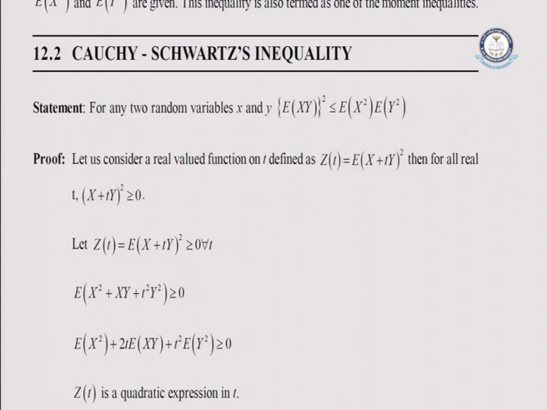In this statement we proved it through the quadratic expression expansion, and after solving it we get the Cauchy square inequality. So this is the Cauchy square inequality statement. According to that we have to prove some exercise problems.